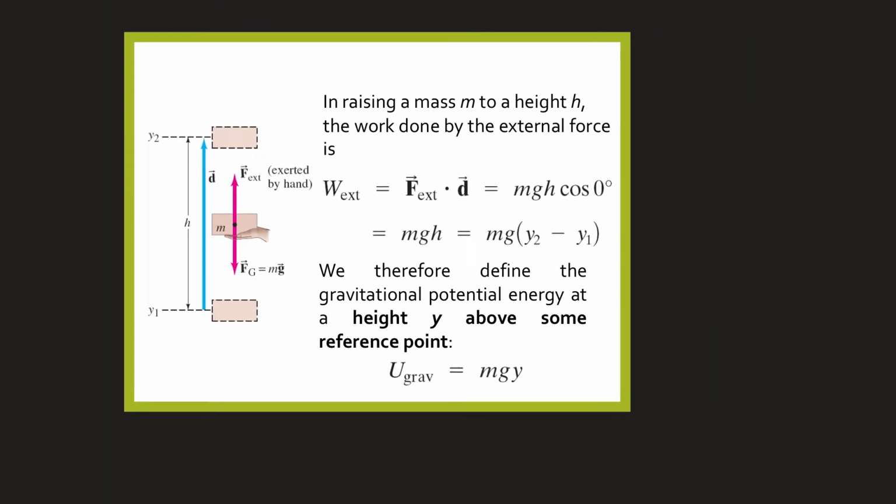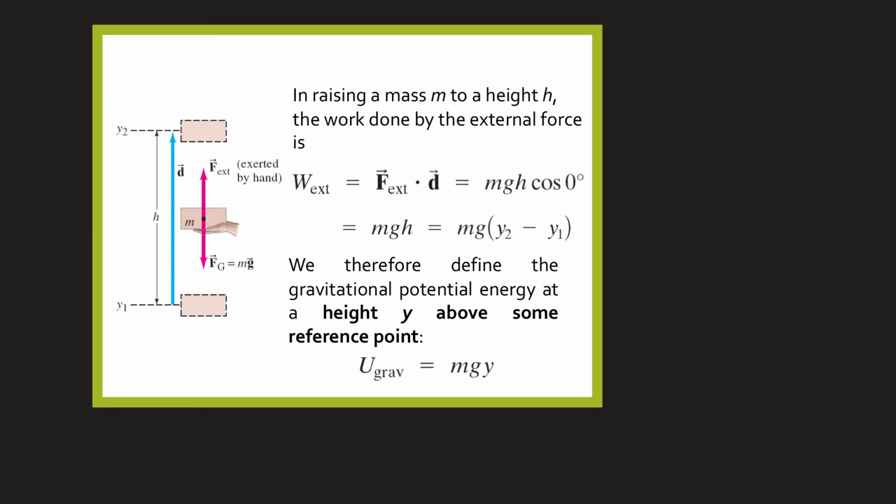So when you're raising a mass to a height, the work done by the external force, which is the work done by you pushing the object, is going to be the gravitational potential energy. So basically, by the name itself, gravitational, it means that W equals to F d cos theta.